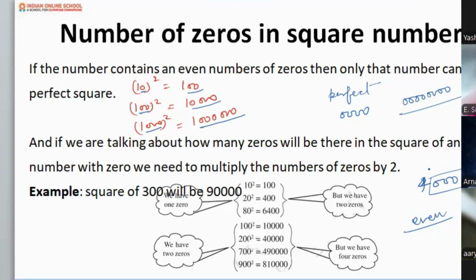Okay, ma'am. Remember what we have done in that table. Any number that ends in 1, 4, 5, 6 can be a perfect square. Again, we are not saying that these numbers have to be perfect square numbers. What we are saying is they can be perfect square numbers.